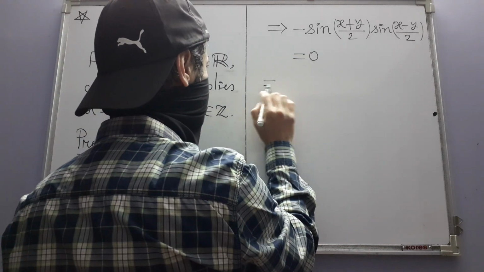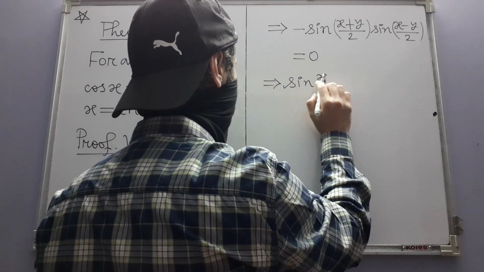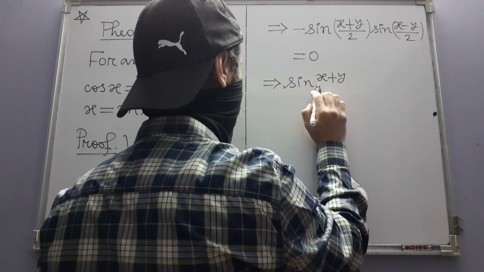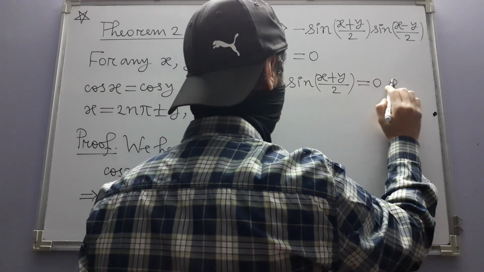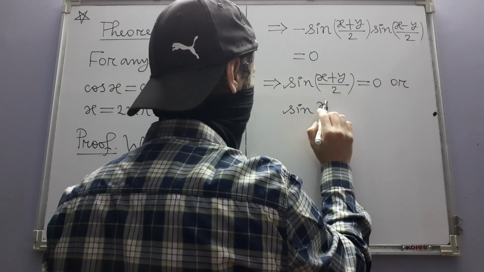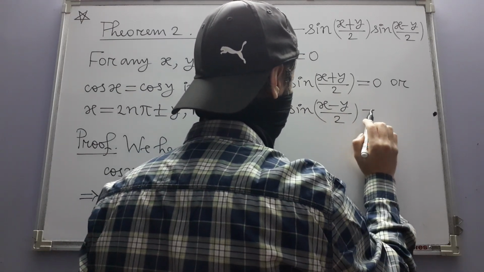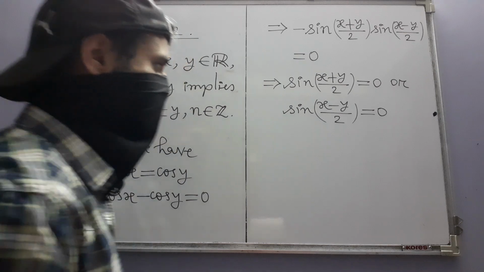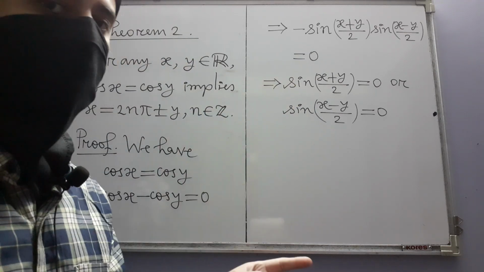So this implies this is 0 or this is 0. And in this or statement, the possibility of both of them being 0 simultaneously is also included.